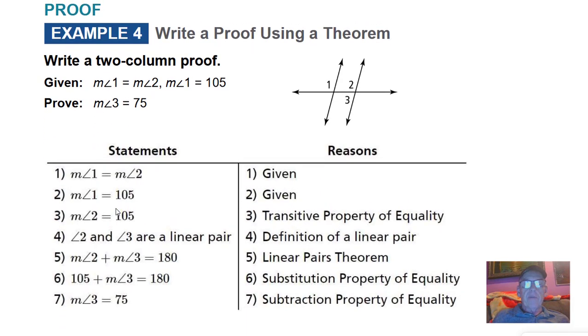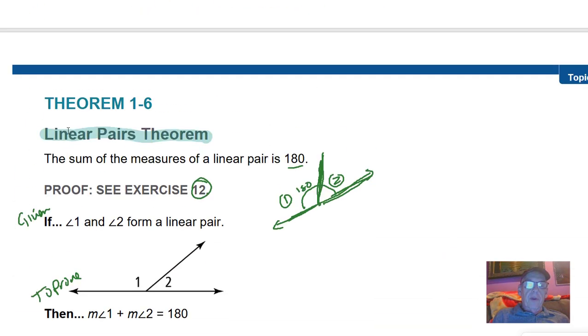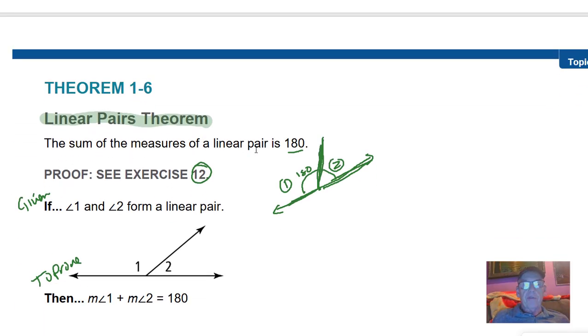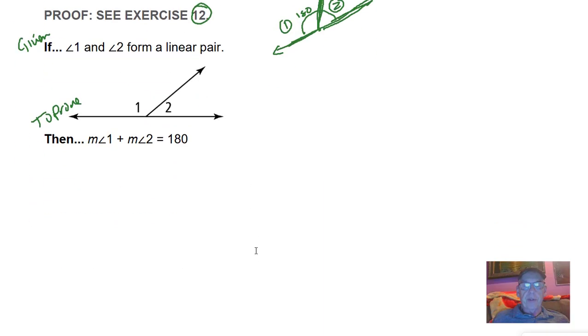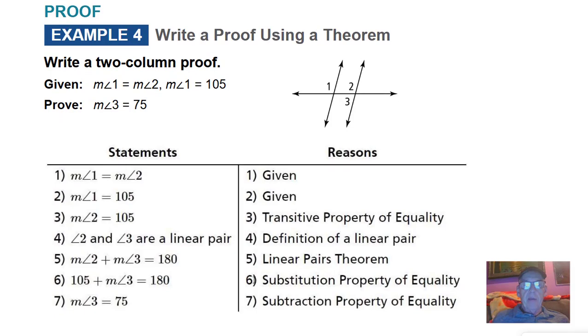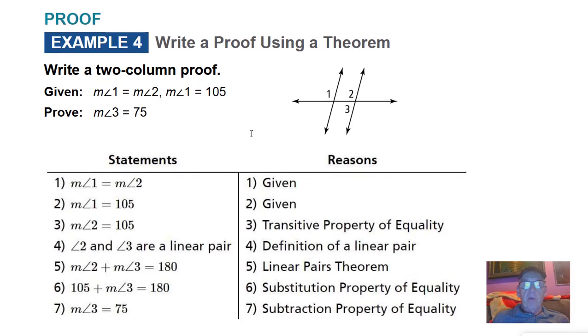Okay, let's look at our example 4. Write a proof using a theorem. So first off, notice that they're not given the theorem number here. They're using the linear pairs theorem. And if we don't know what the linear pairs theorem is, we need to go back here and look. And it says the sum of the measures of a linear pair is 180 degrees. So it's very important that we learn the names of the theorems and what they say rather than the actual number of the theorem.